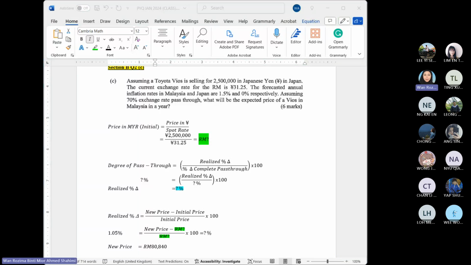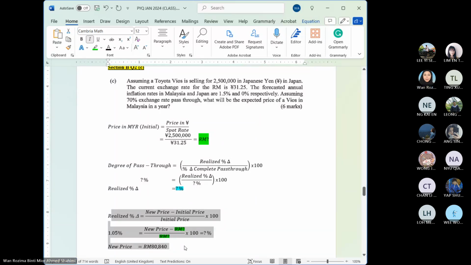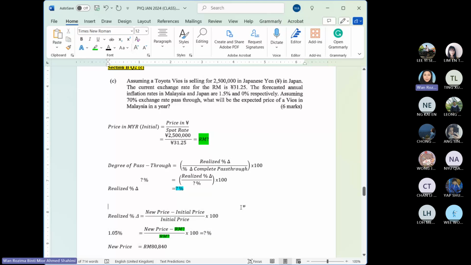Okay, so now, supposedly from the notes, I repeat one more time, you would go to this section, but you have to reverse it to the last one, so step 2 becomes step 3, and step 3 becomes step 2. Degree of pass-through equals realized percentage change divided by percentage change under complete pass-through. The question gave you the degree of pass-through, 70%, so I write it down, already given.